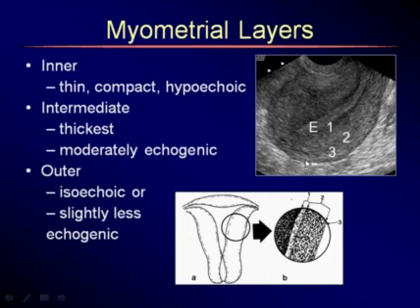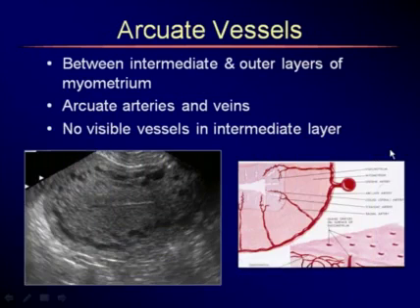Then comes a fairly thin outer layer, which is pretty much isoechoic with the intermediate layer, maybe slightly less echogenic, and you'll see vessels in between layer 2 and 3. Those vessels are the arcuate arteries and veins. Basically, there are really no visible vessels within the intermediate layer.